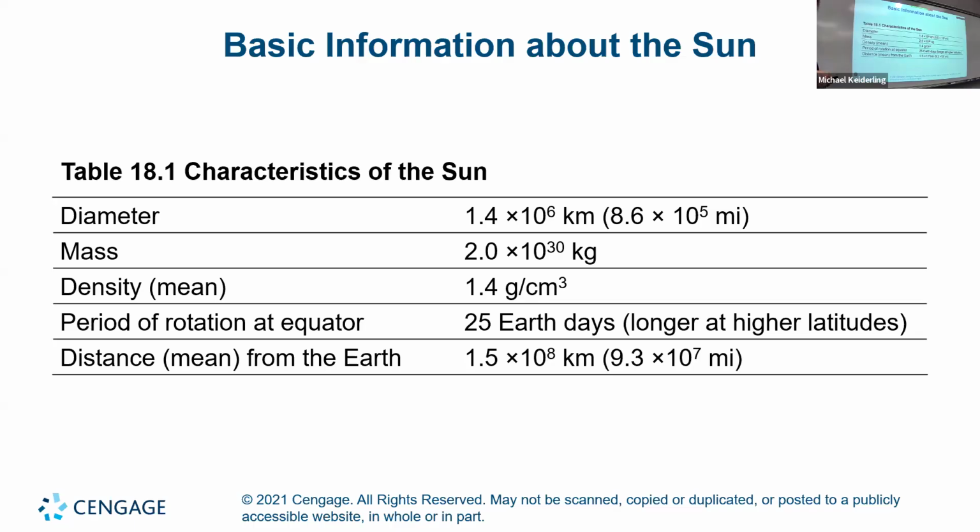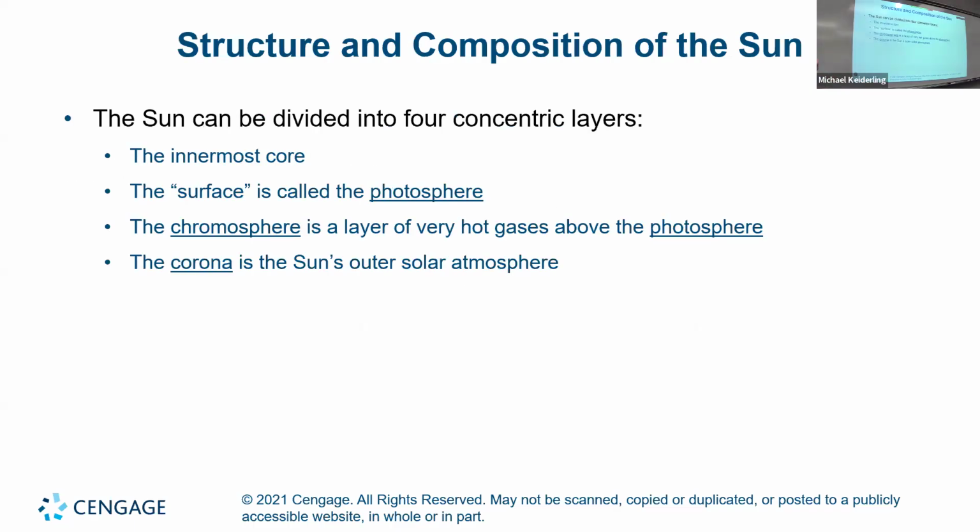And the distance from the Earth is 1.5 times 10 to the 8 kilometers, 150 million kilometers, or 9.3 times 10 to the 7, or 93 million miles. And the sun has several layers. There's the inside portion of the sun, which you can divide into the core, the radiative zone, and the convective zone.